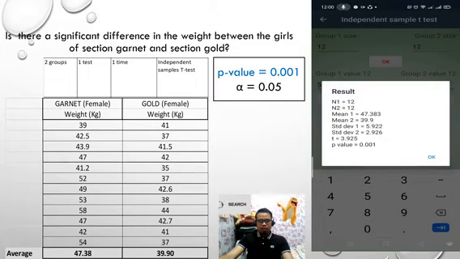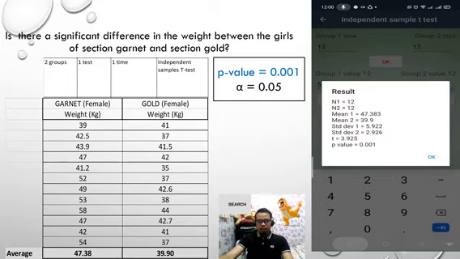And there you have it, the result. You have 12 participants for group number 1 and group number 2. You have the mean of 47.38 for group 1 and 39.9 for group 2.